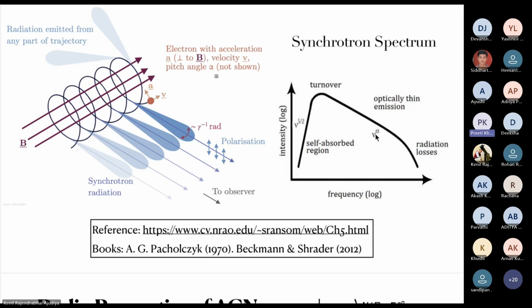I will talk about alpha in the next slide, but basically this is how the energy is distributed at different frequencies for synchrotron emission. That's what the spectrum is. And at the bottom, I've given some references for reading more about synchrotron emission, and also some of the standard books which explain synchrotron emission in much greater detail. So next slide.